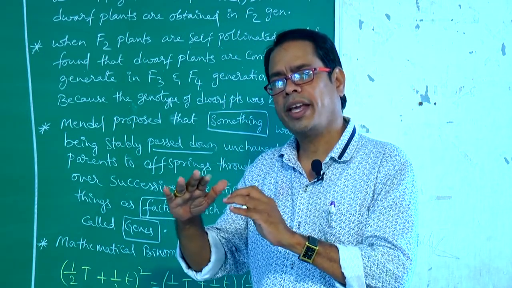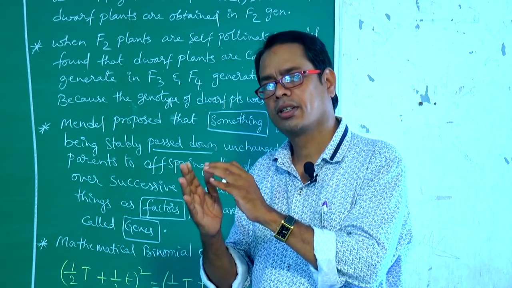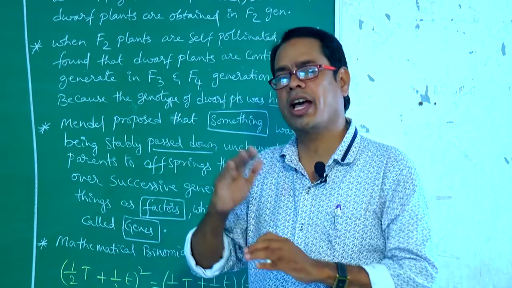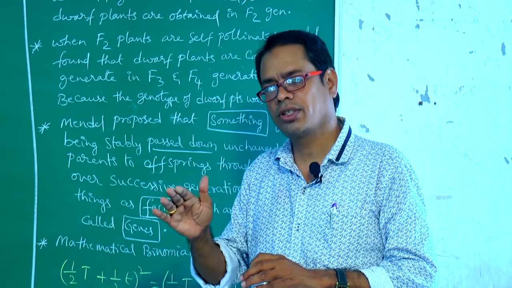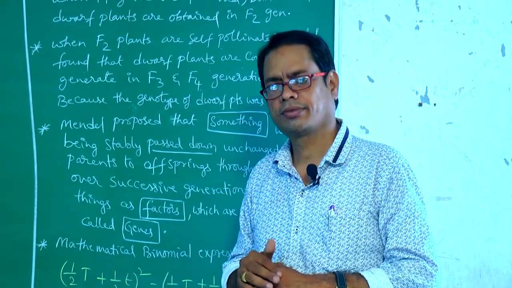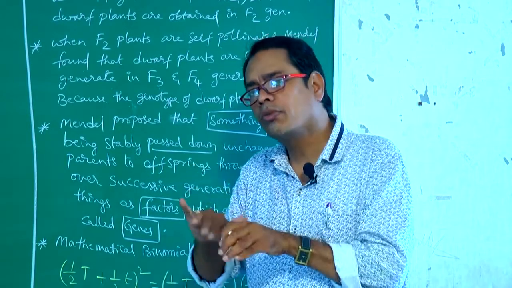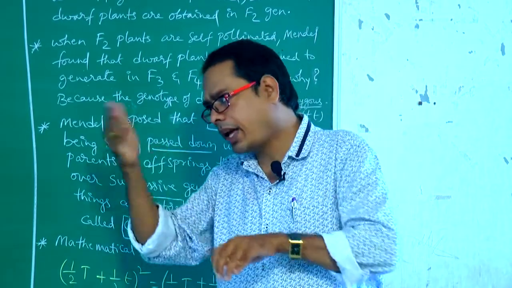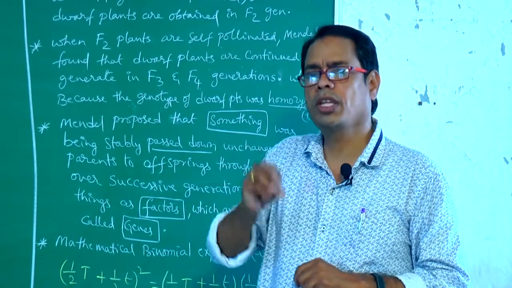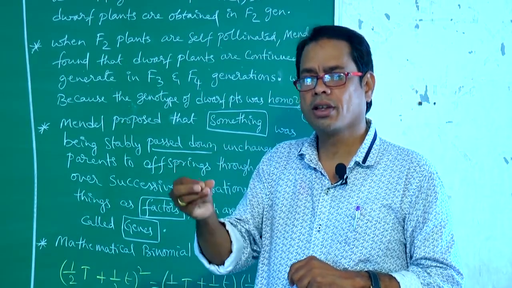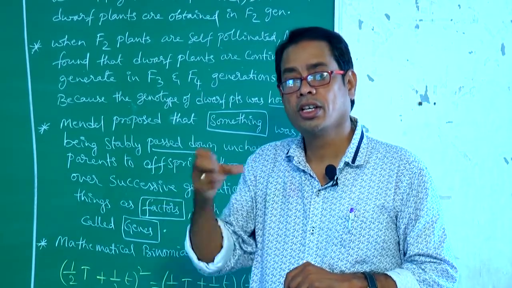The characters in parents are transferred from one generation to another generation without any change, unchanged. He found that something was transferred from parents to offspring. That something was called by Mendel as factors, and nowadays these factors are called genes.